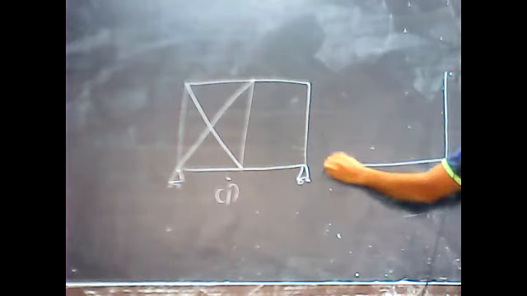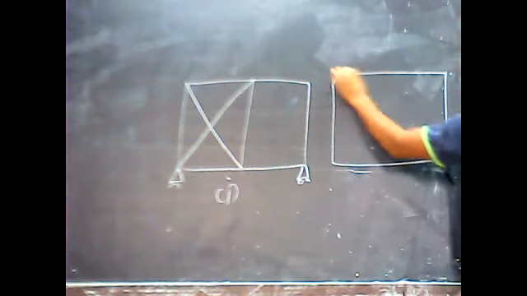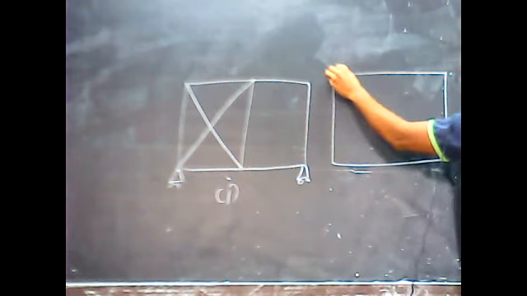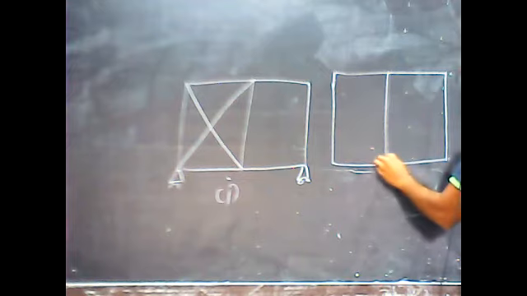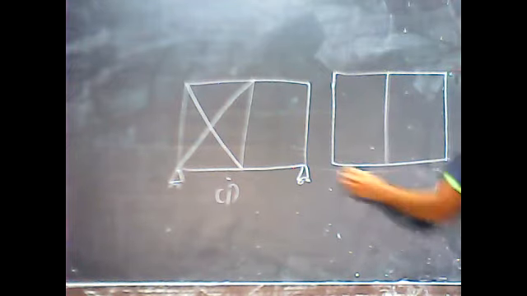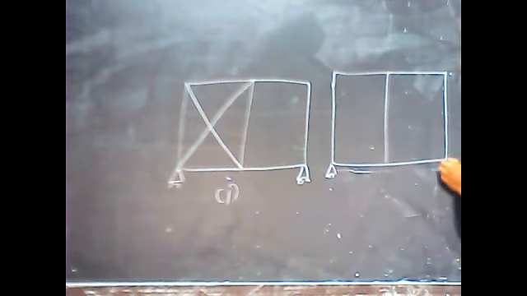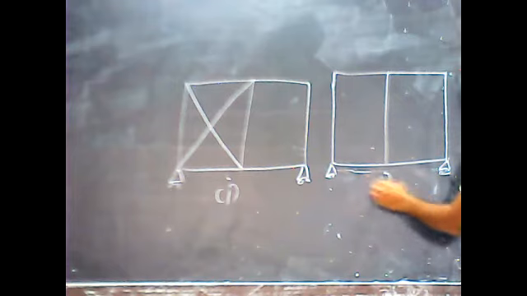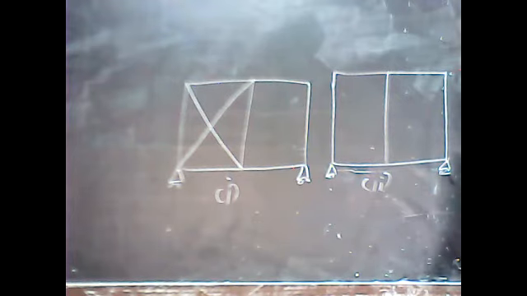So there are two cases, case number one and case number two. You have to calculate which structure is determinate.